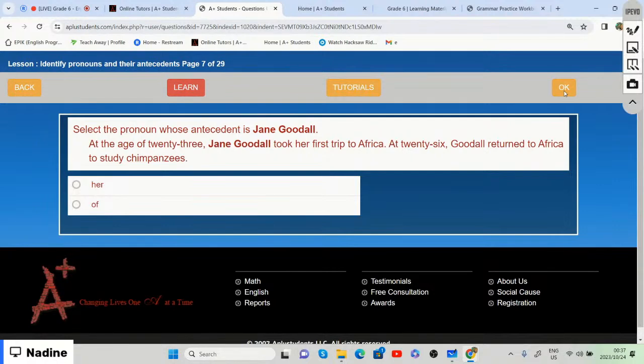At the age of 23, Jane Goodall took her first trip to Africa. At 26, Goodall returned to Africa to study chimpanzees. So we need to select the pronoun. Is it her or of?